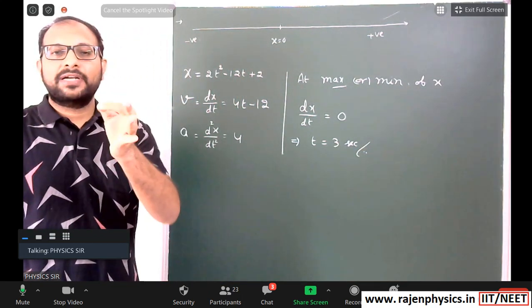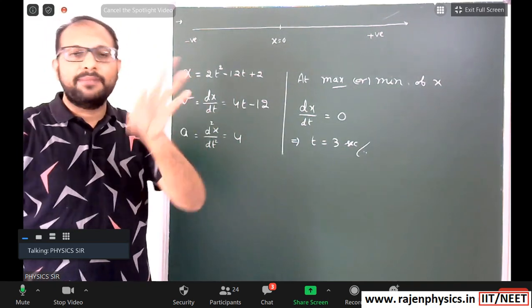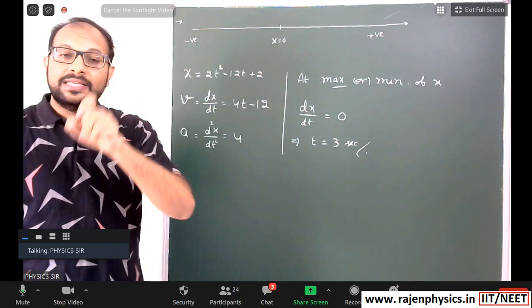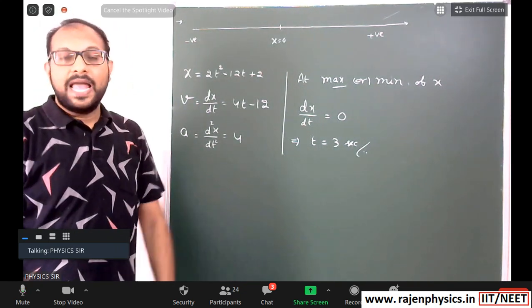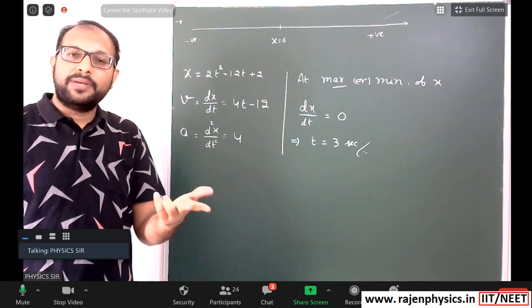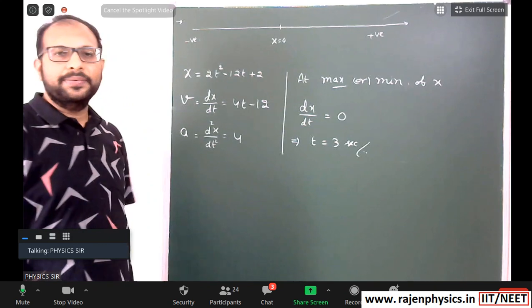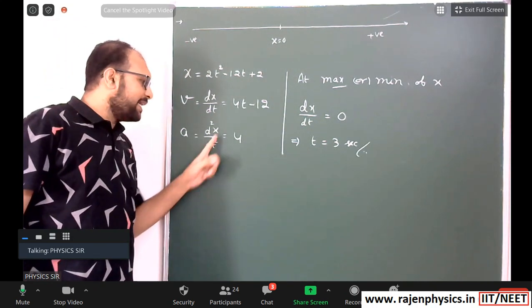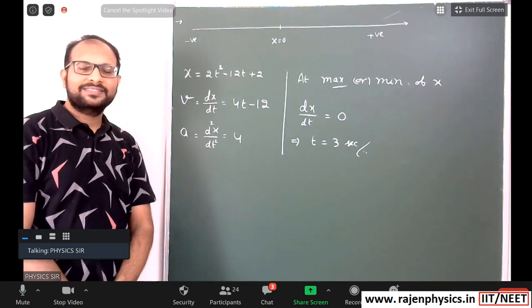That means at t equal to 3 seconds, x may have a maximum or a minimum, we don't know, because the second condition is still not verified. At a maximum value or a minimum value, the first derivative is 0, no doubt, but also the second derivative. Now, students, the second derivative is just one number, a positive number you got.